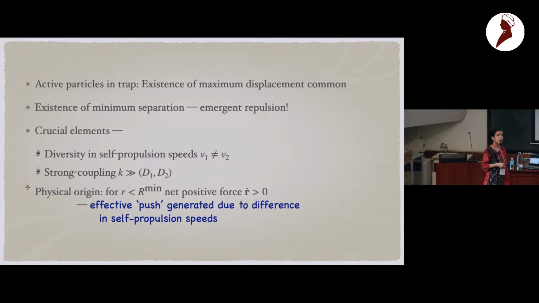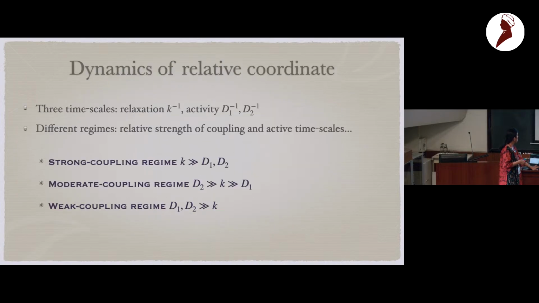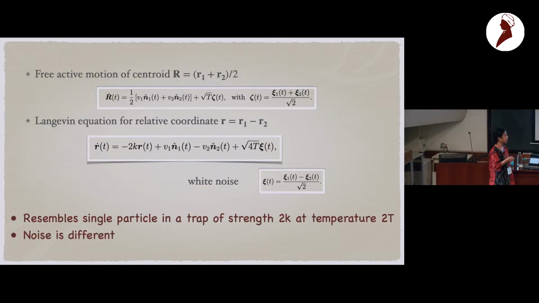Is the separation distribution equivalent to an active particle in a harmonic trap? No, it's not, but the structure is similar, so that's the equation. This is the separation. There is one term which is like a trap of strength 2K, but the noise is different.